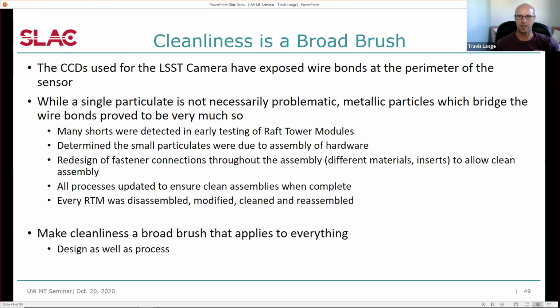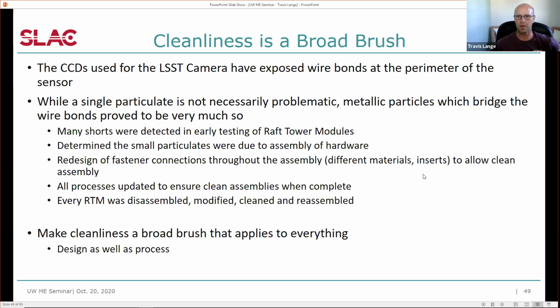So we put in inserts. We changed the material of the screws to like Nitronic 60, that sort of thing. And then we reassembled everything after the parts were modified, and we re-cleaned every single surface. And we hope that we have no issues with this again, and we have not yet. So we think that solved our problems.